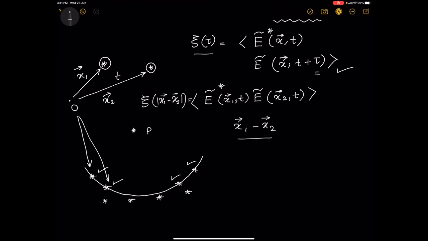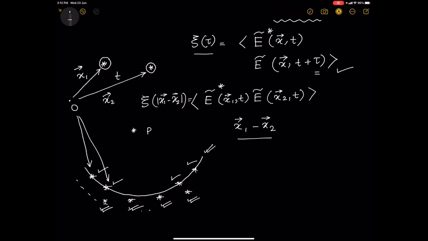On the other hand, if I correlate signals from these, remember that I am doing this correlation at the same time. The signal from the point source will reach at the same phase at different times. So that correlation will not be the same as the correlation of the signal that you get on the spherical arc.